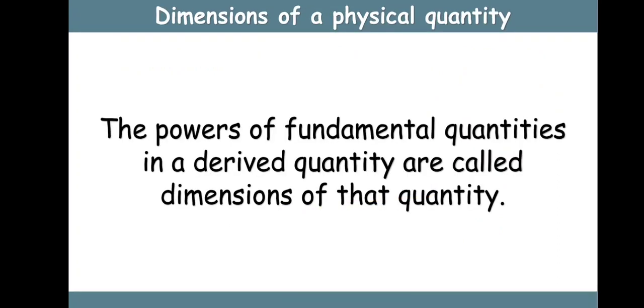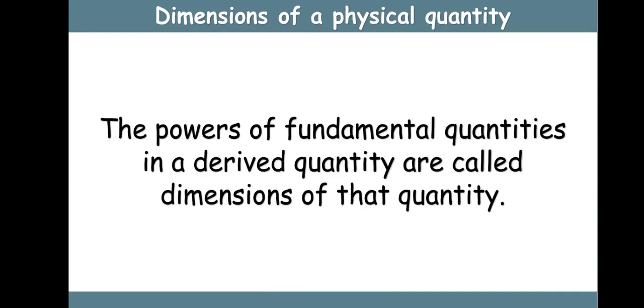Now, dimensions of a physical quantity. What are the dimensions? The powers of fundamental quantities in a derived quantity are called the dimensions of that quantity. Power means, like 10 raised to power something, 5 raised to power something, that power.